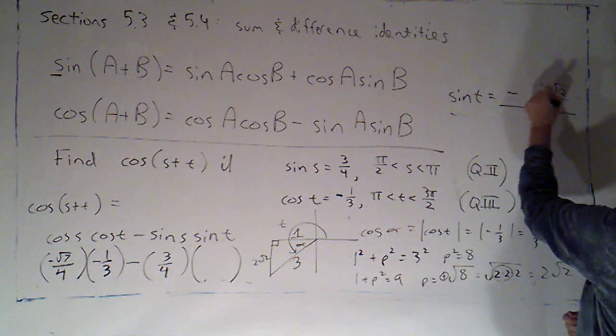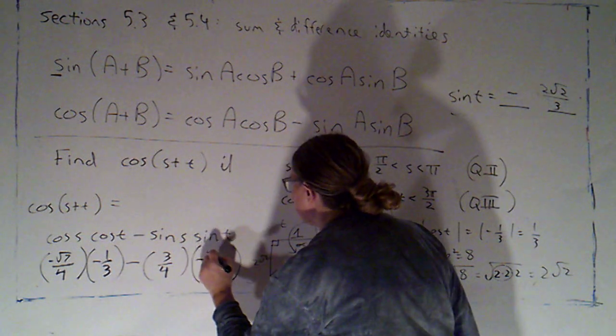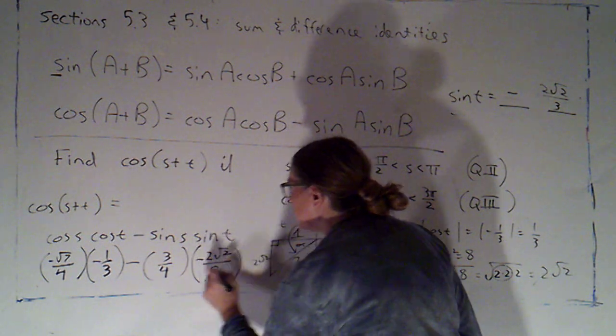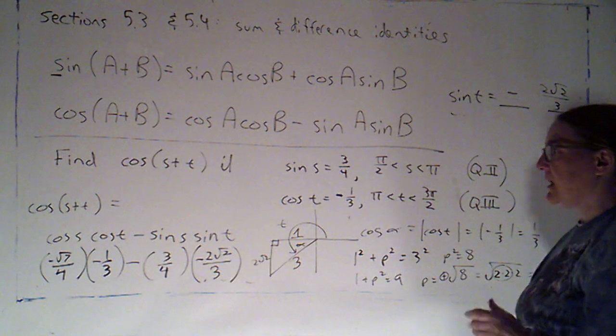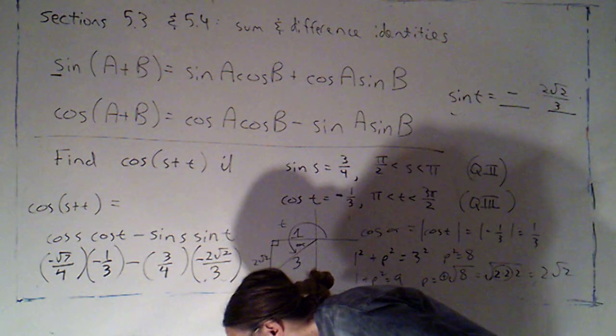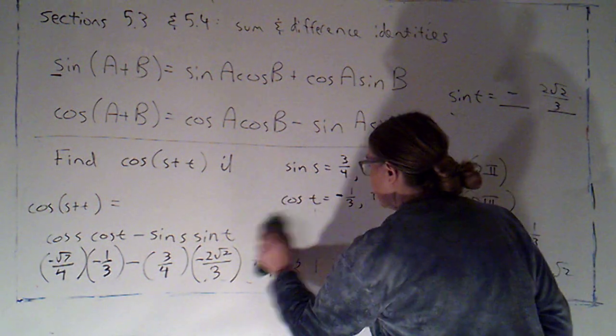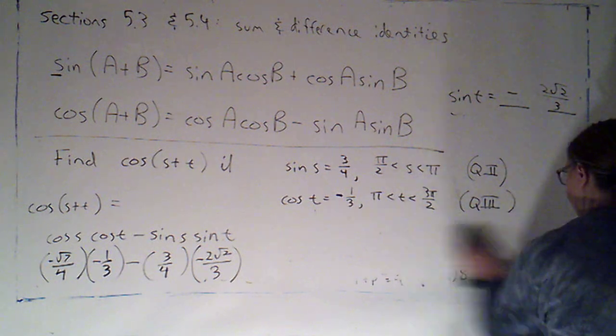So 2 root 2 over 3. So now I can fill in here negative 2 root 2 all over 3. So I had to do a little bit of work to figure out some of my trig functions, but now that I've done that, it's just a question of doing the arithmetic to simplify this.